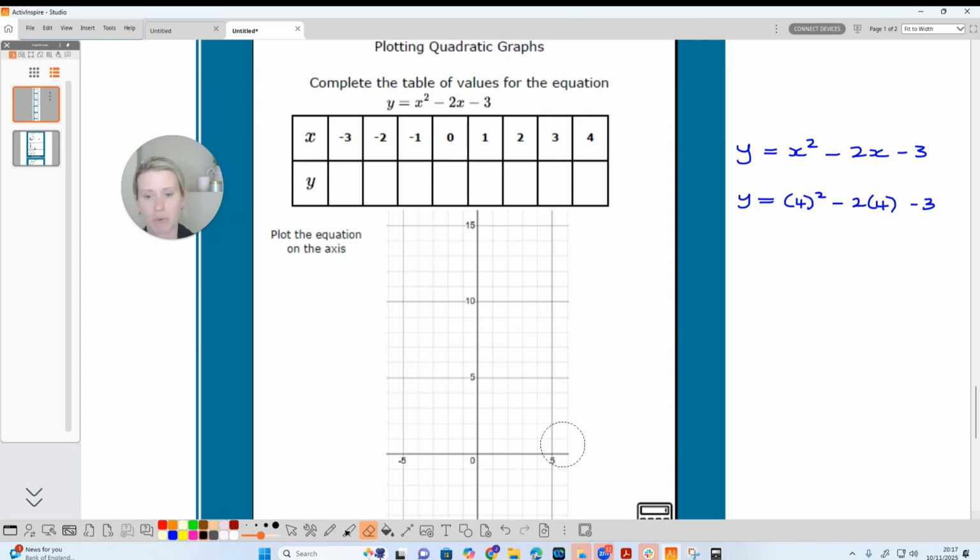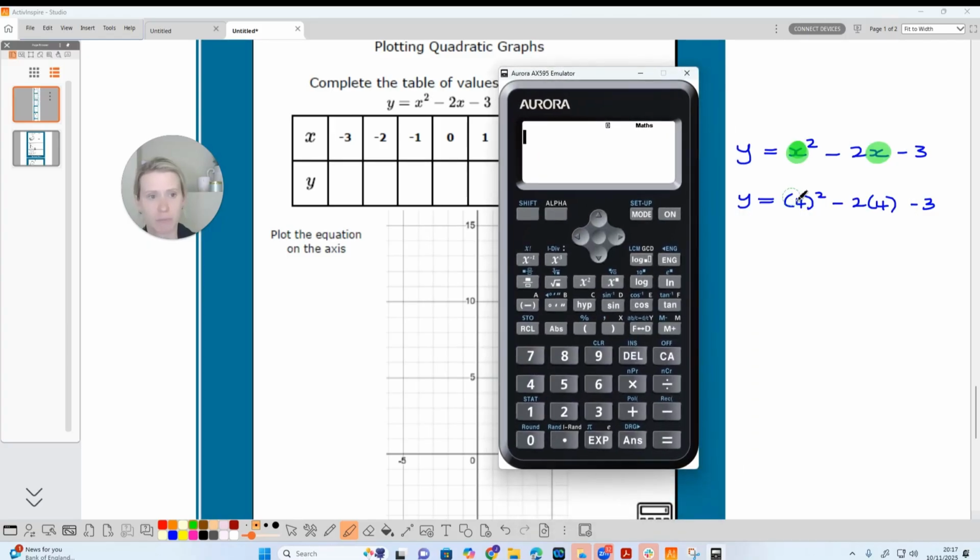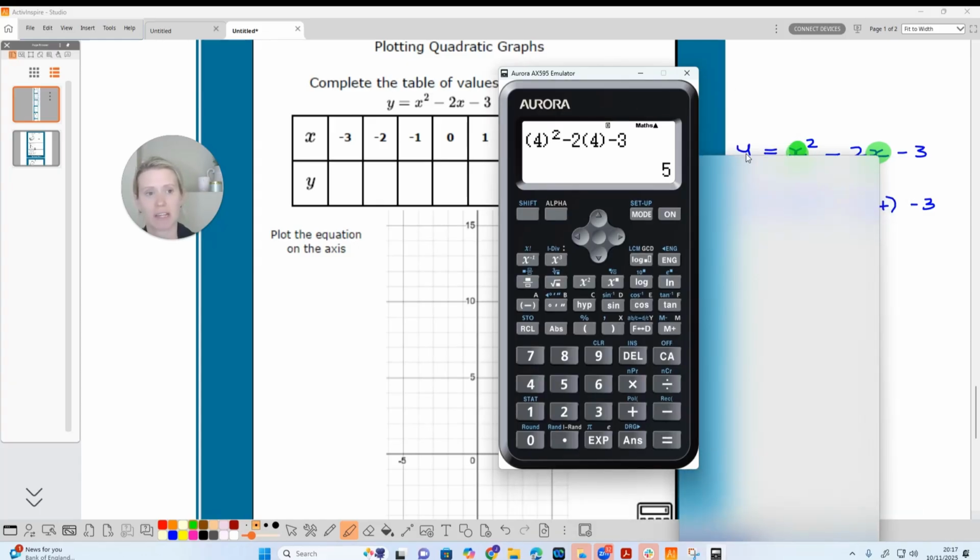And you'll see that I've put in brackets, and if you literally replace the x value with the value here, and put it in brackets, then you're going to be able to get to your answer on a calculator straight away, okay? So, bracket 4 squared, subtract 2 lots of 4, subtract 3. So x squared minus 2 times x minus 3. And you just go through doing it for your different values of x.